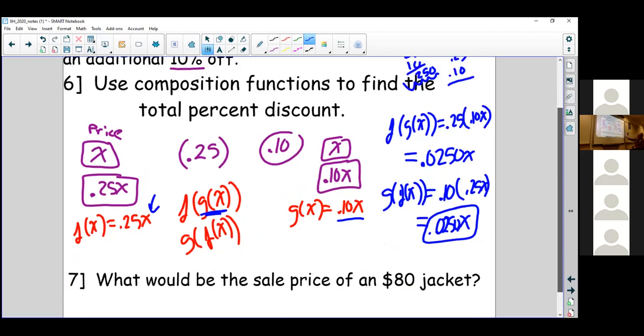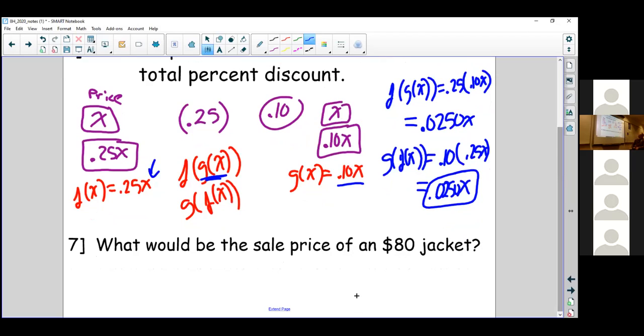So it looks like down here, they said, what would the sale price of an $80 jacket be? So I'm going to use my little calculator. I'm going to go 0.025 times 80, because the jacket's 80. Hang on, I goofed up someplace. So 0.25 times 0.1, 0.025.